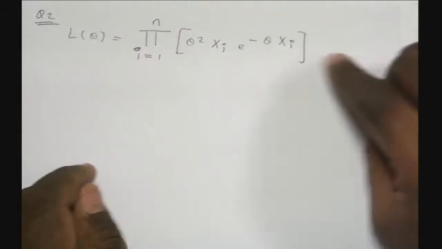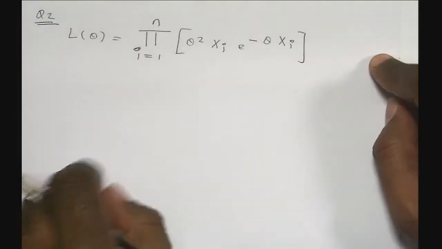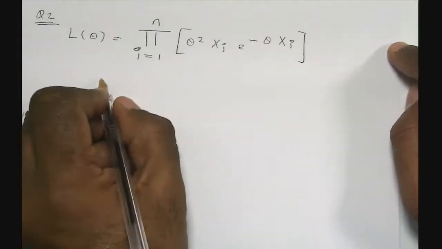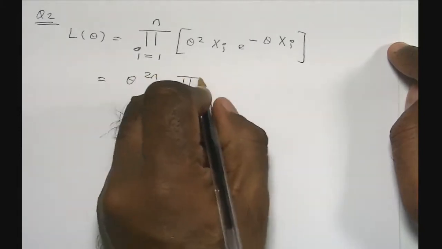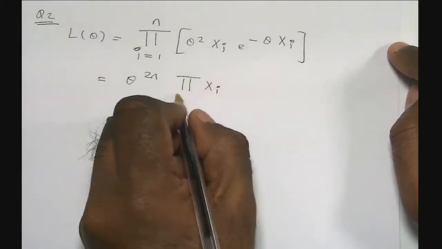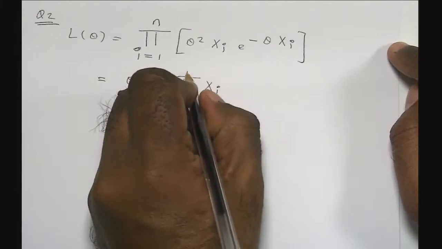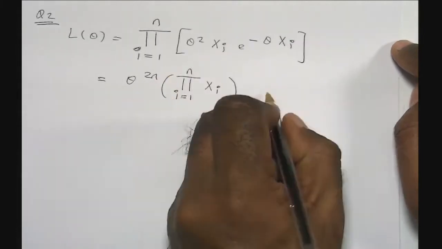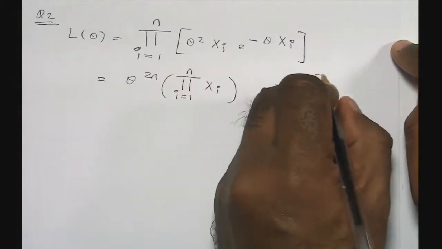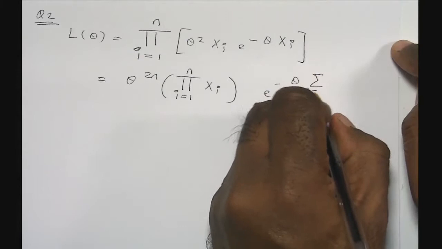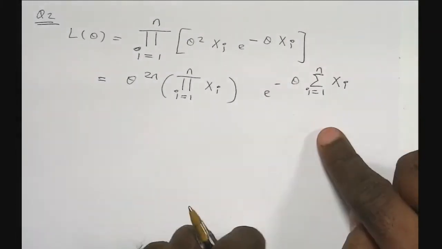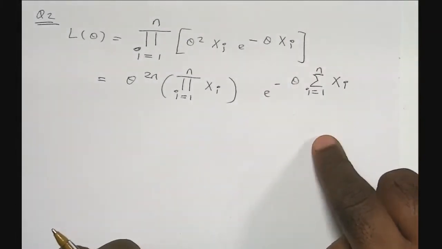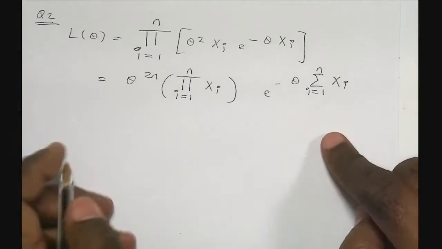Alright, so this is the likelihood function, guys. Now you should simplify this. What do you get, guys? You get this. Is this what you got, guys? Yeah? This is the simplified form of the likelihood.